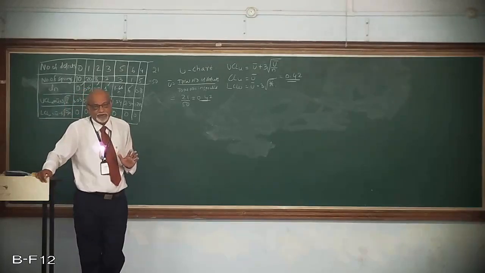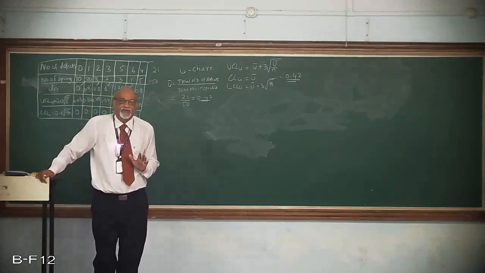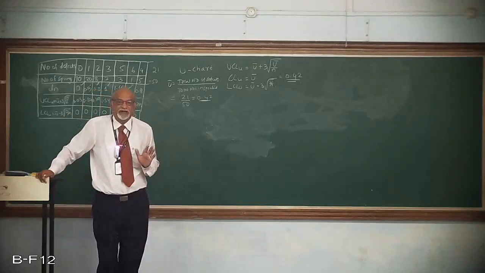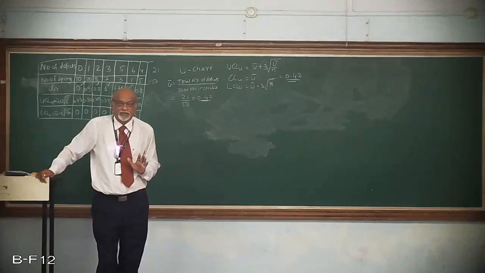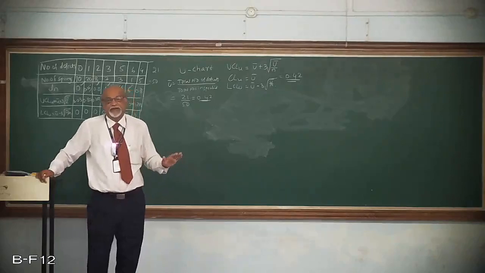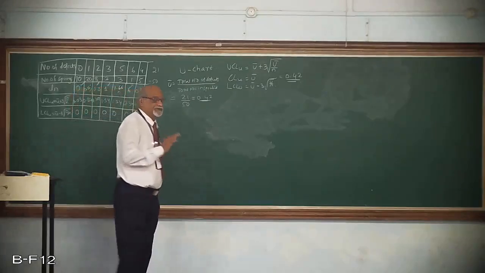Upper control limit, lower control limit, as well as the central line for NP chart and C chart will be horizontal lines, straight lines. Whereas in case of P chart and U chart, upper control limit and lower control limit may or may not be a straight line, but the central line is a straight line. So this is the gist you need to understand.